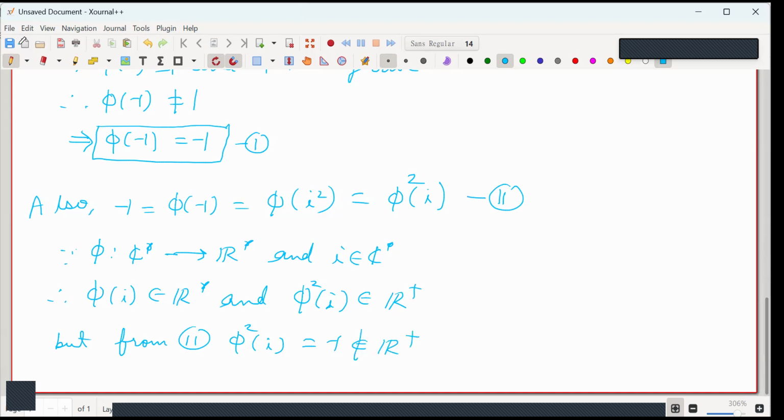So this is a contradiction. This is a contradiction to the existence of a homomorphism map from C star to R star. So here, in fact, we are not using the surjectivity.